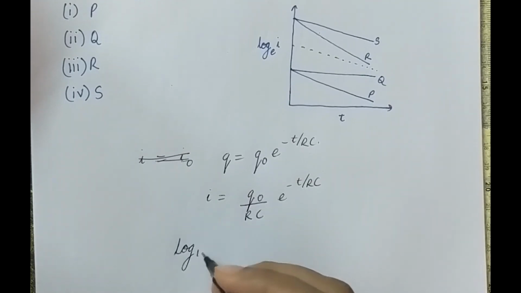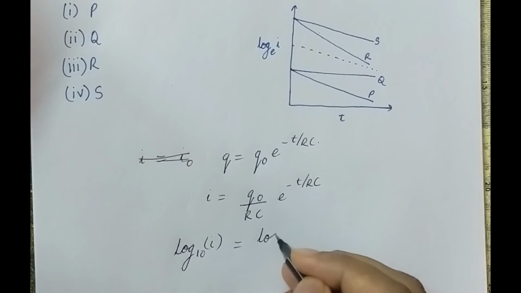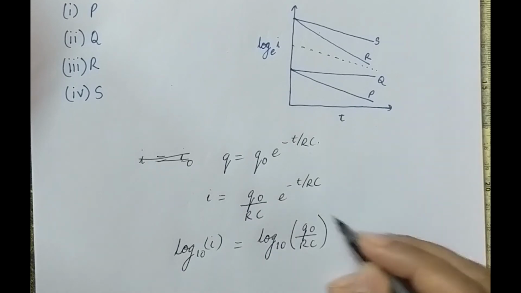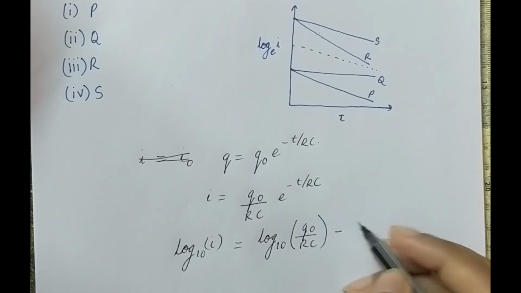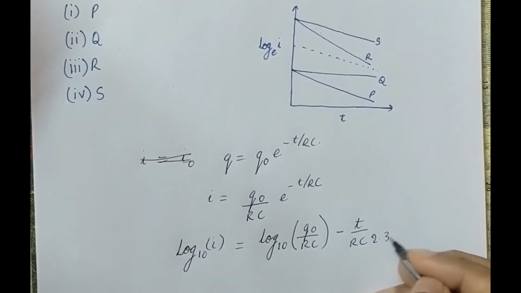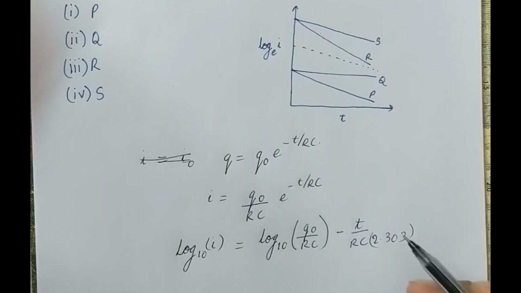So log of base 10 I is equal to log of base 10 Q naught by RC into minus of T by RC into 2.303. So I used a natural log here in the beginning and then just put in this factor here to convert it to a log base 10.